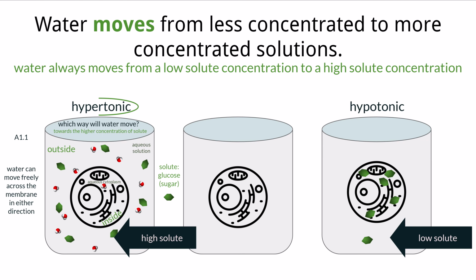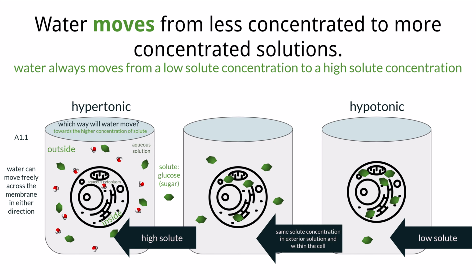In this scenario, like we saw with the cell, the water will move out because the external solution is hypertonic. But if we flip the solute concentration, in this example, the exterior solution is hypotonic, which means water will move into the cell. If both of the concentrations contain the same amount of solute, we call the solution isotonic, and water will move both in and out at the same rate with no net change in solvent concentration.